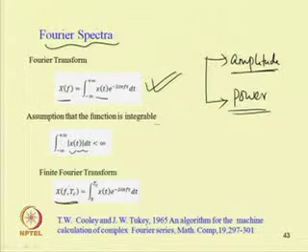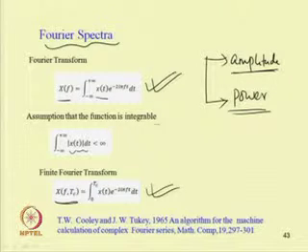Let it be integrable up to time t c. Here f is the frequency, and t c is the time up to which the function is integrable, using the expression integral 0 to t c of x(t) into e to the power minus 2 i pi f t dt. In this way one can find the amplitude spectra of the system.